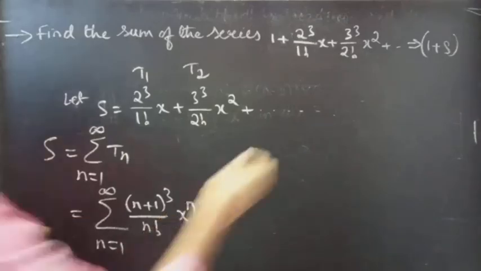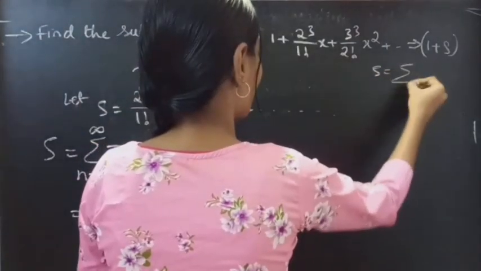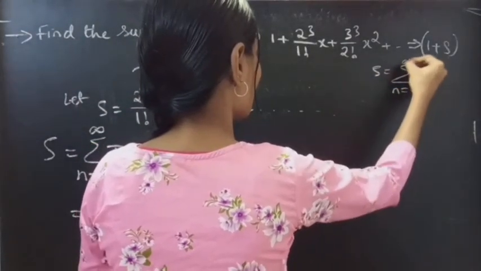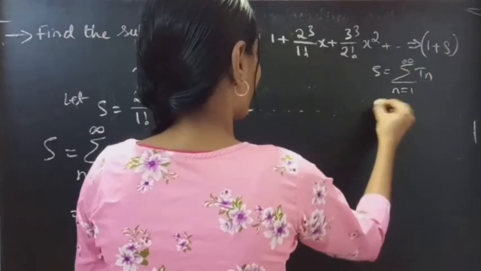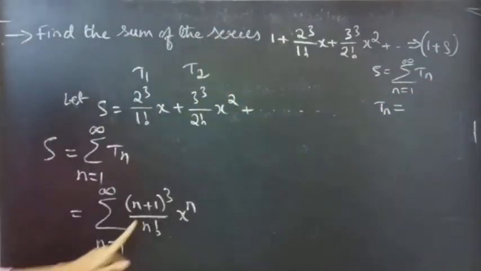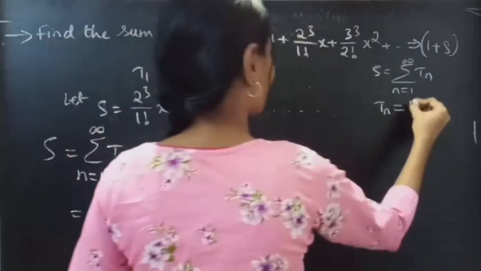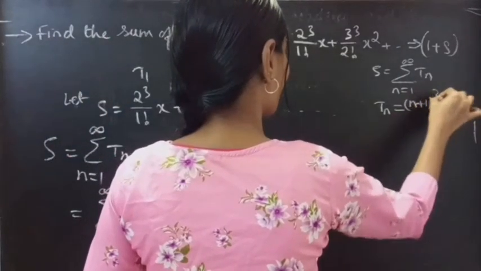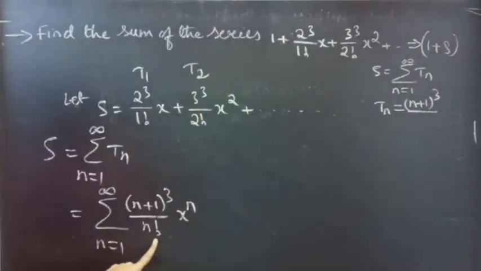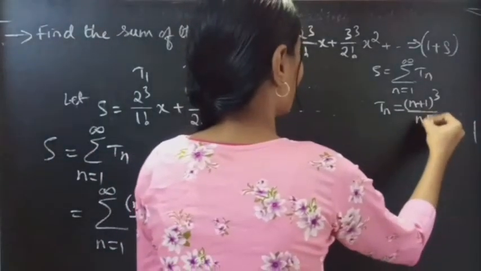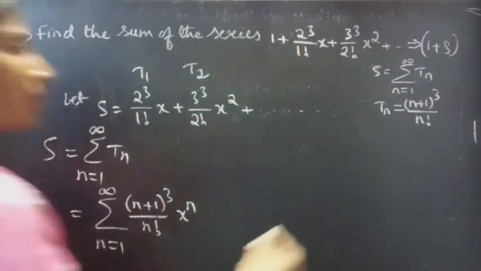So we have S equals summation n equals 1 to infinity Tn, for Tn equals n plus 1 whole cube by n factorial into x power n.